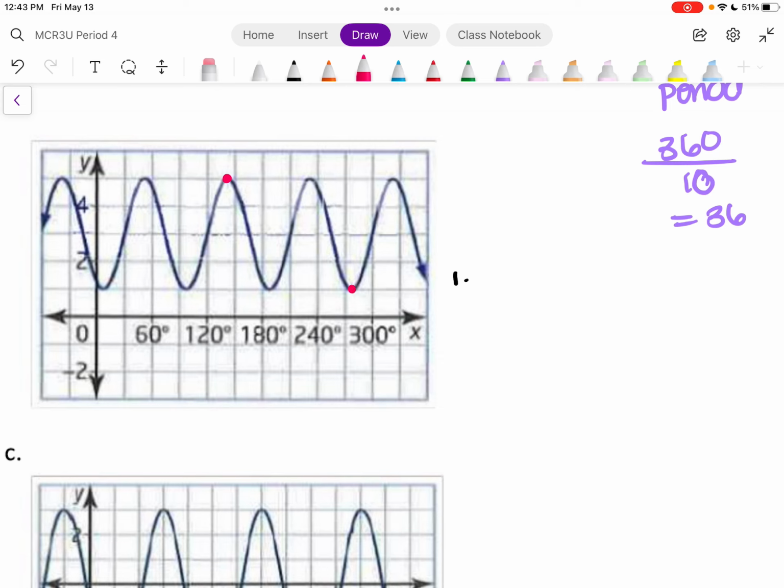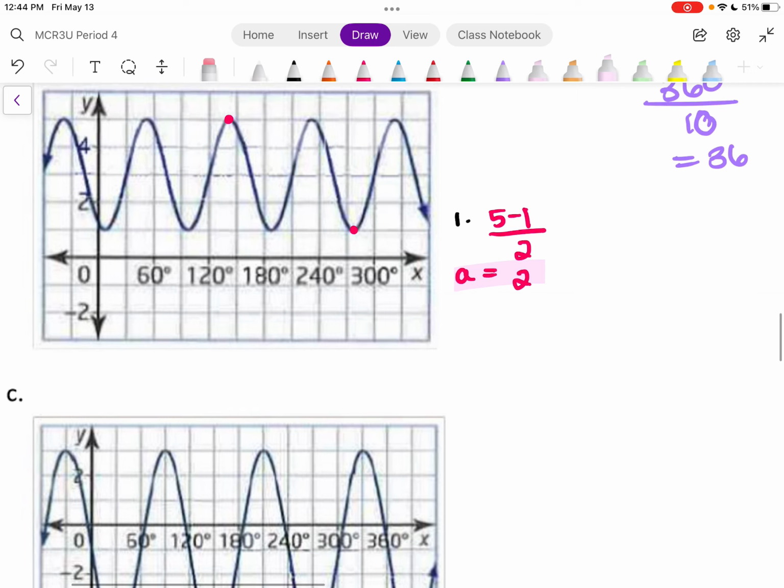So I'm going to do 5 minus 1, divided by 2, is equal to 2. Okay, so that's my A value. My A value is 2. I'm just going to highlight it. Then I'm going to go find my axis. So my axis is just max 5 minus 2, which is 3.